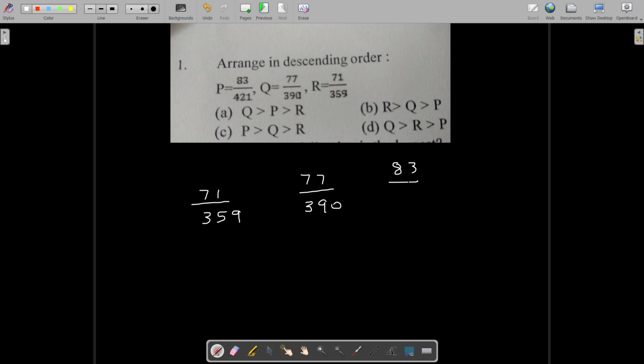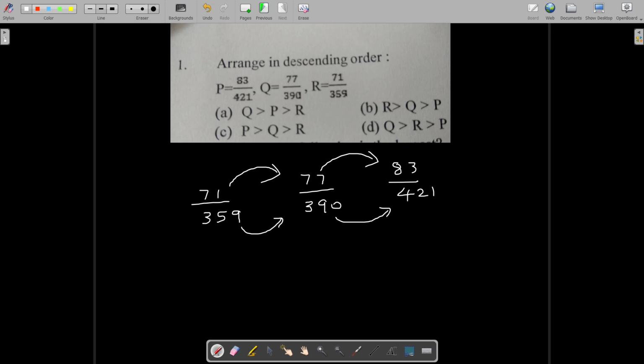From here to here, the numerator increases by 6 and the denominator increases by 31. From here to here, the numerator increases by 6 and the denominator increases by 31.